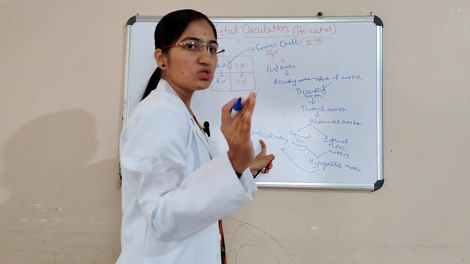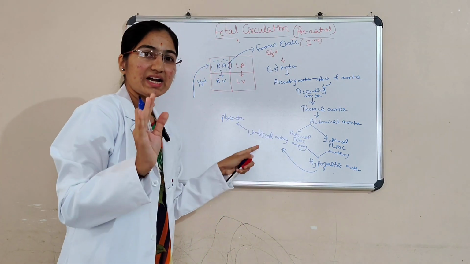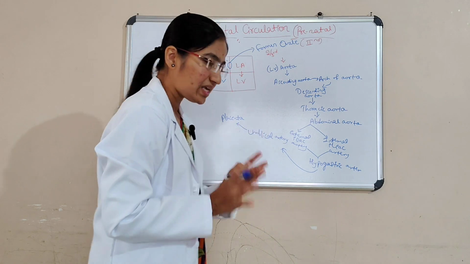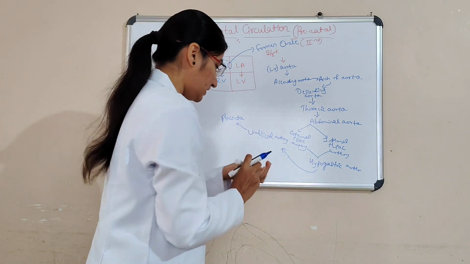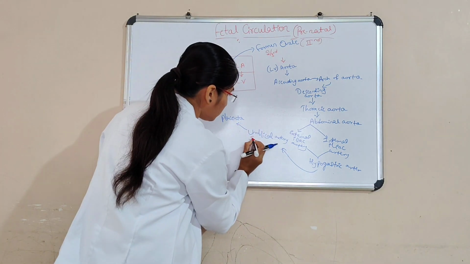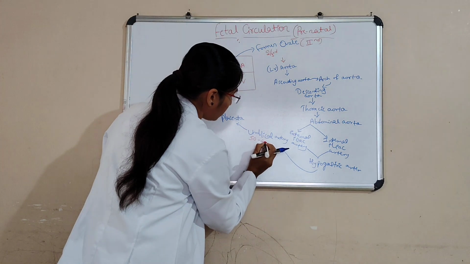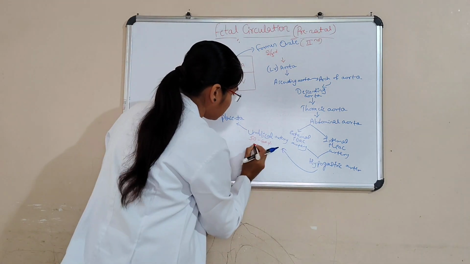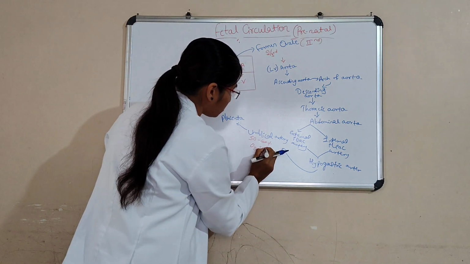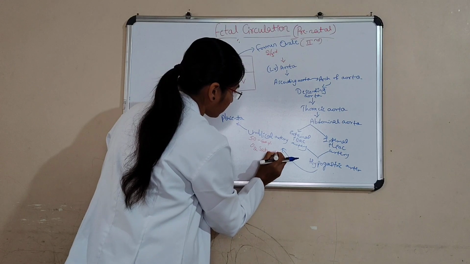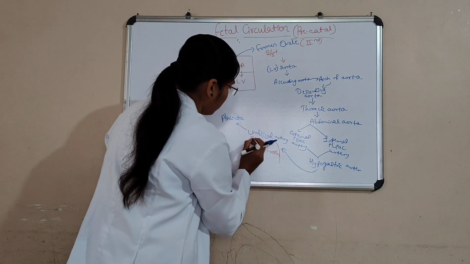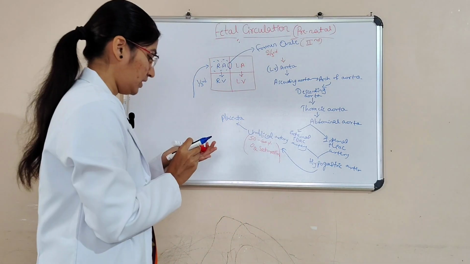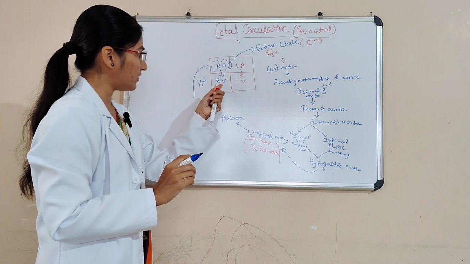When that blood reaches the umbilical artery, that time O2 saturation is 50 to 60%.